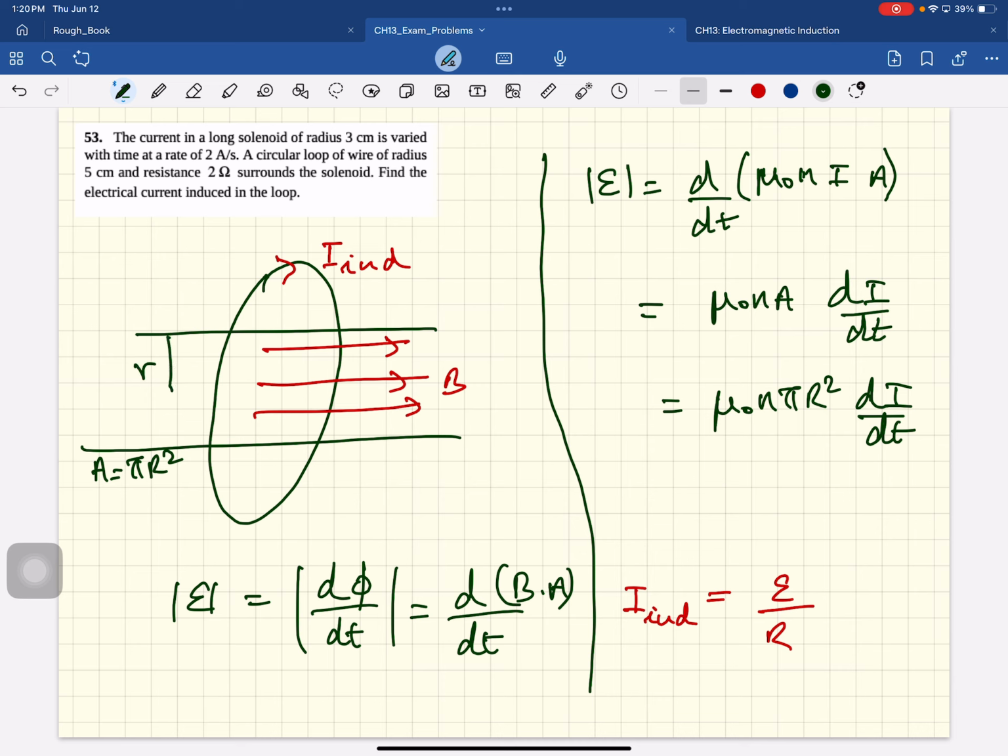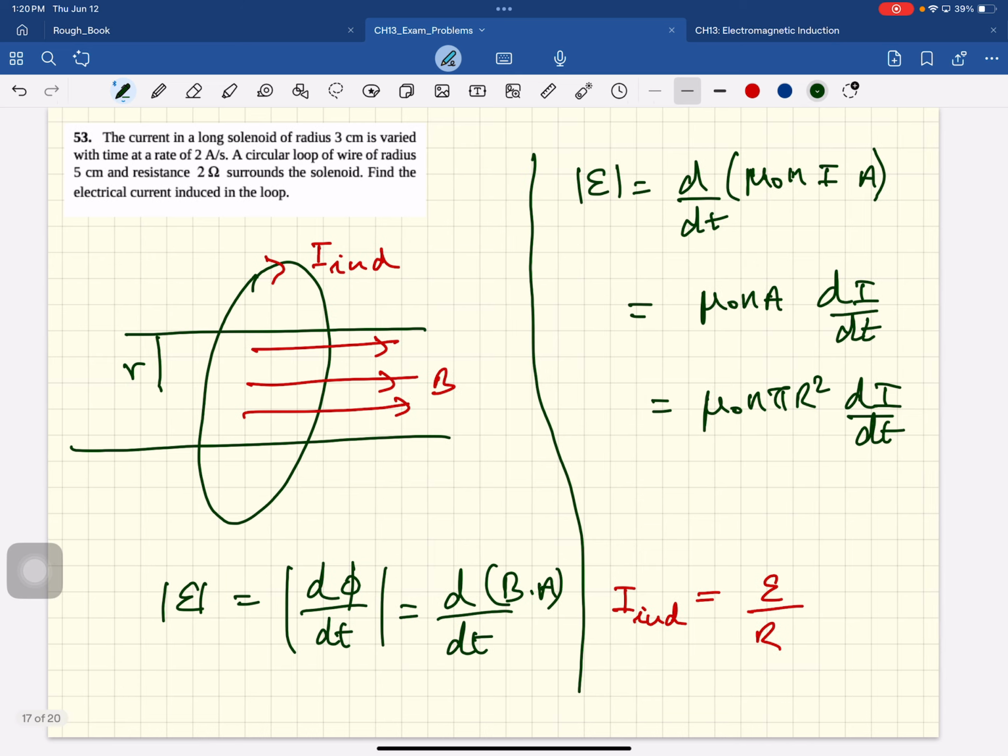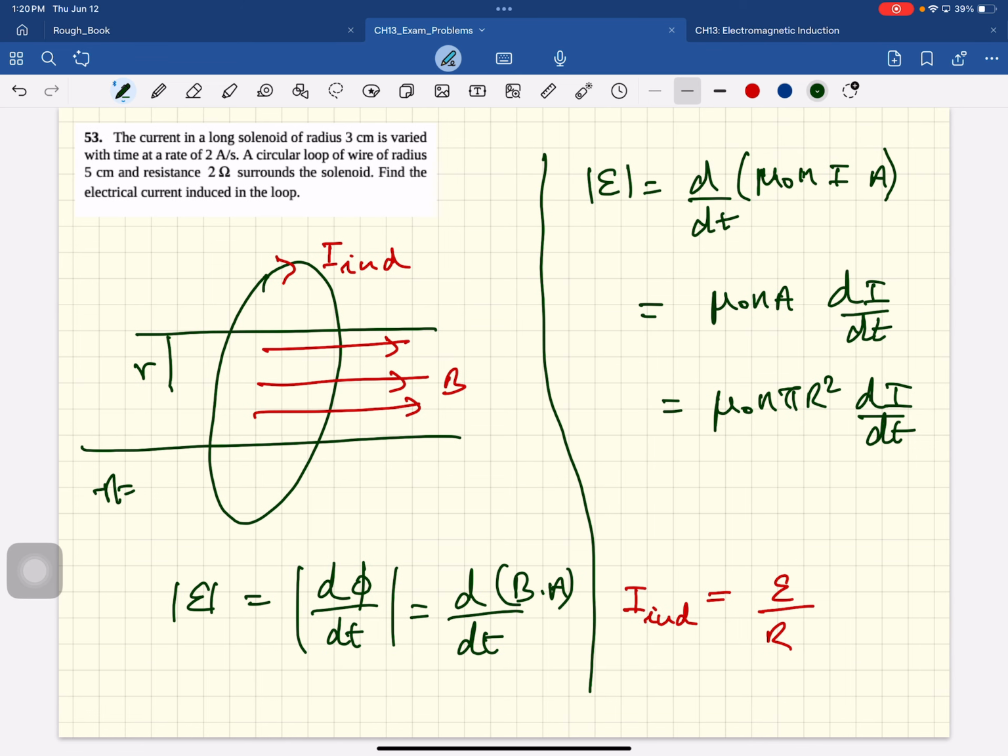We'll have to call this little r. A is equal to pi r squared, because I want the big R for the resistance. So it's mu naught n pi r squared divided by the resistance, di by dt.